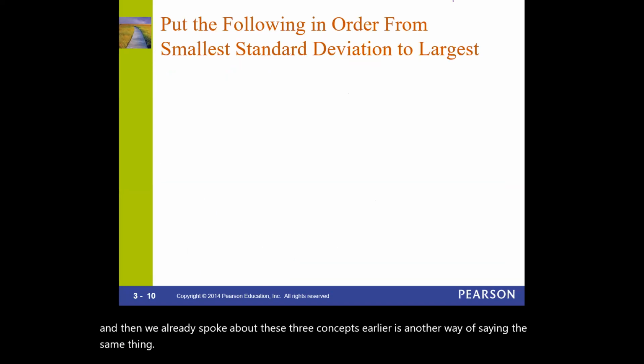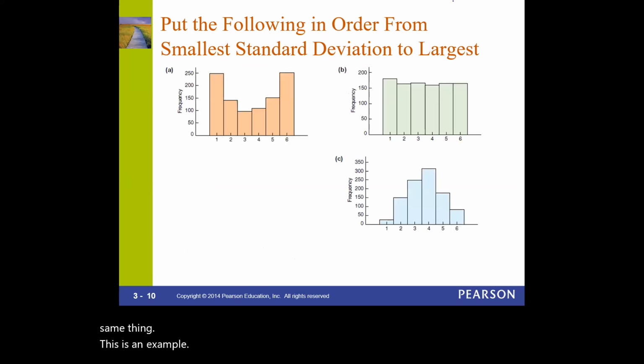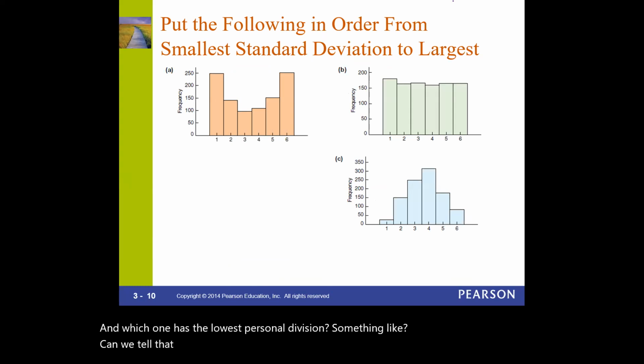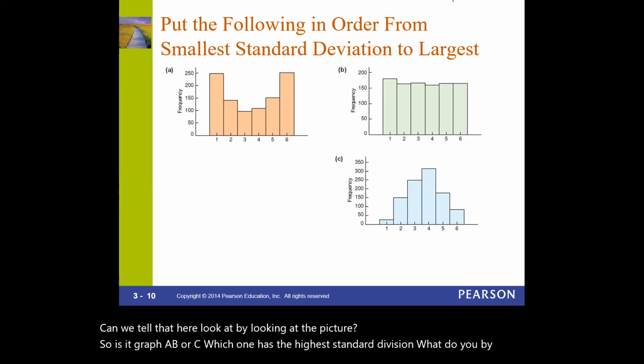Now, this is an example. They ask, can you tell which one has the highest standard deviation and which one has the lowest standard deviation? Can we tell that here by looking at the picture? Is it graph A, B, or C? Which one has the highest standard deviation by just looking at it?